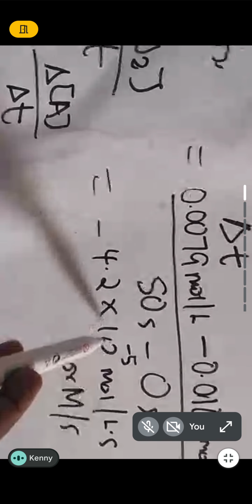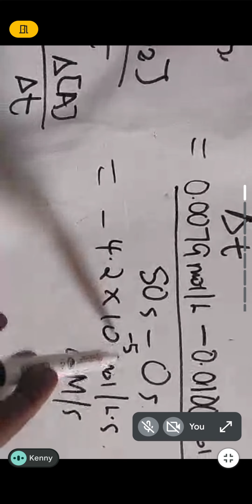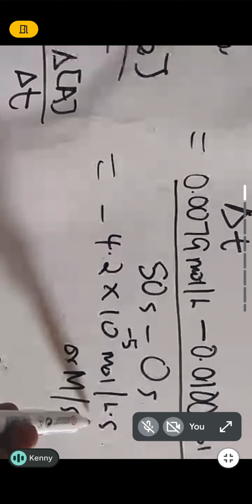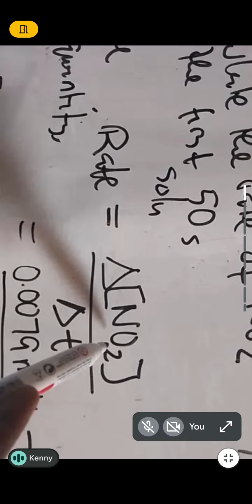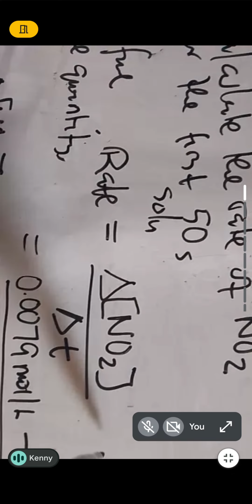Like this example, what is the rate here? It is negative 4.2 times 10 to the power negative 5 mole per liter second. What does this mean? Since it is a negative rate, it means the concentration of NO2 is decreasing.